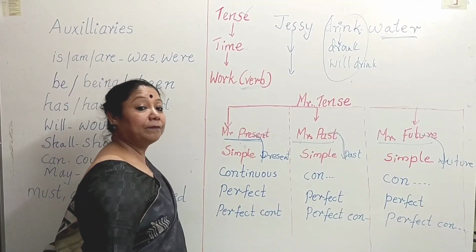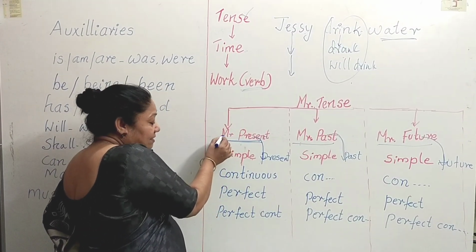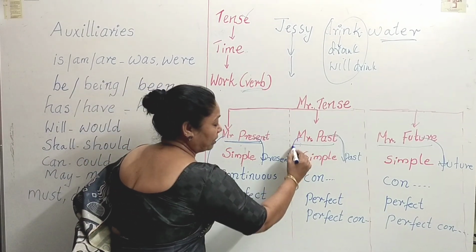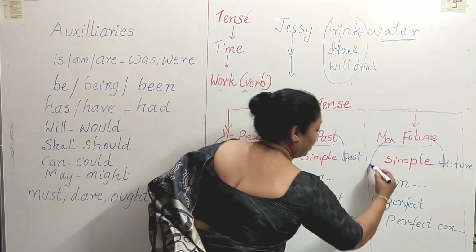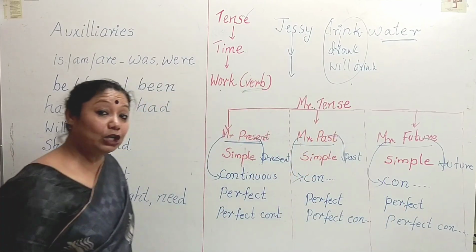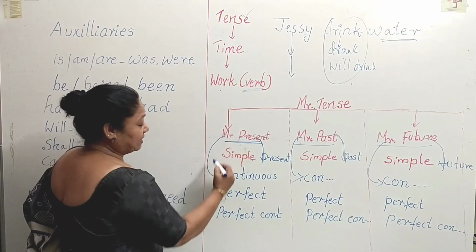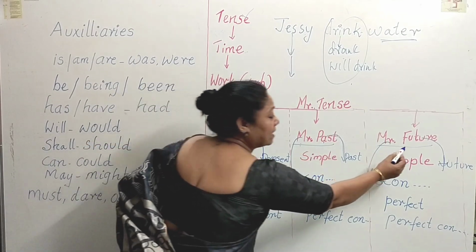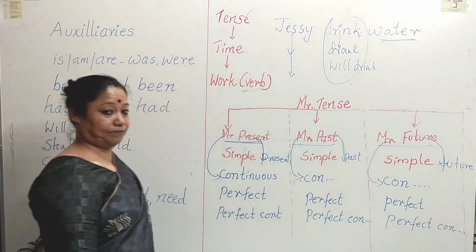Comes next, Continuous. Father's names come behind, here also, and here also. And then it goes Present Continuous, Past Continuous and Future Continuous.